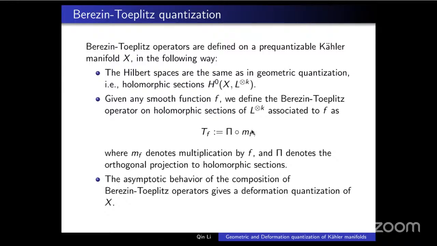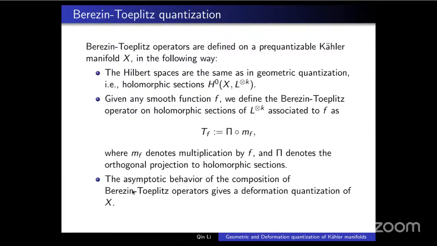Given a holomorphic section, you first multiply it by the function f. In general, it's not holomorphic anymore. Then you consider the orthogonal projection to the subspace of holomorphic sections, because there are naturally defined inner products, and then you can do this orthogonal projection.